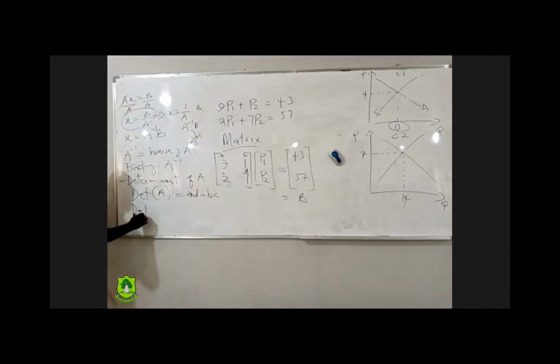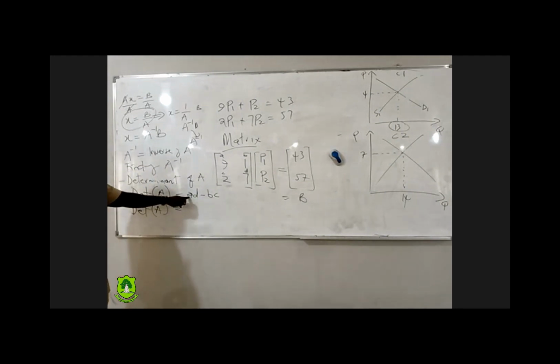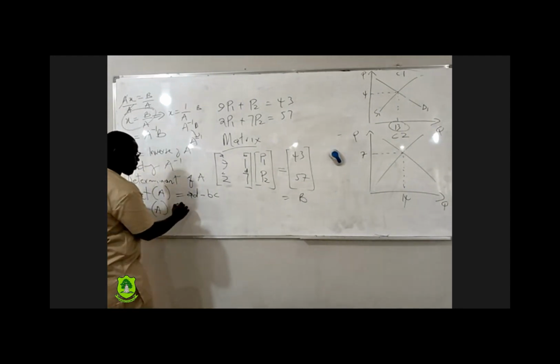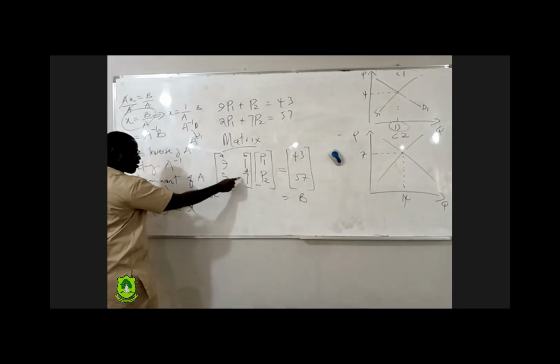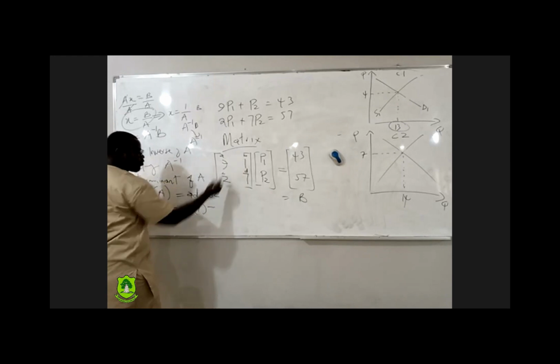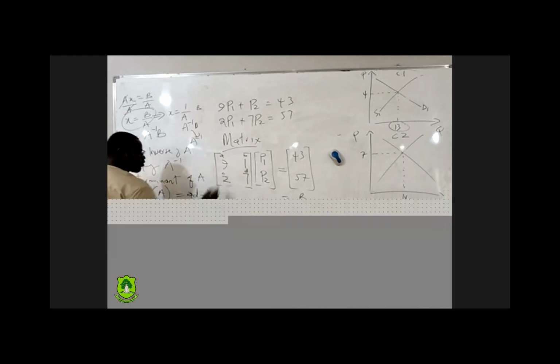Determinant of A is 9 times 7 minus 1 times 2. So here will be 63 minus 2. You will get 61, which means our determinant of A is 61. So we know it.